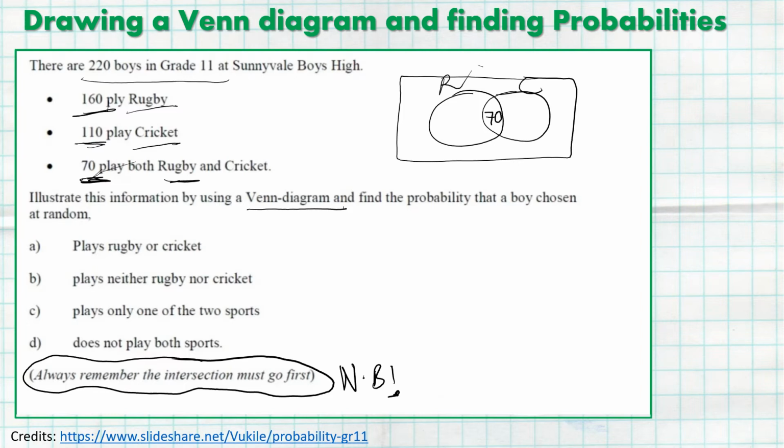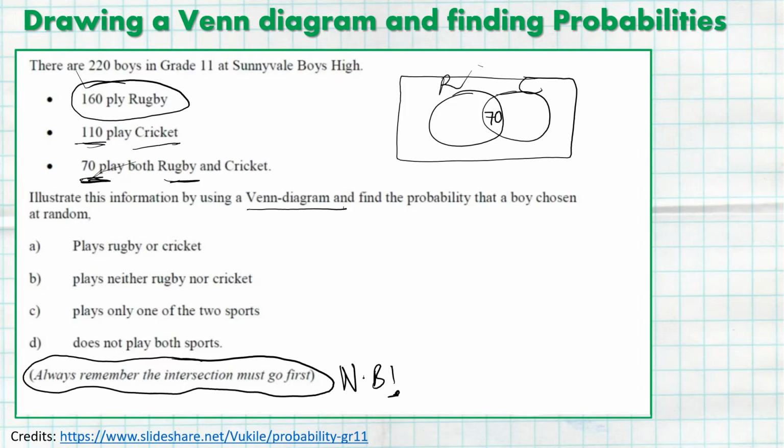Very, very important. They are saying 160 play rugby. This is also an important statement. 160 play rugby. It means that in the circle for rugby we want the total to be 160. So don't make the mistake of putting 160 in the rugby-only part, because then you are saying rugby only is 160.